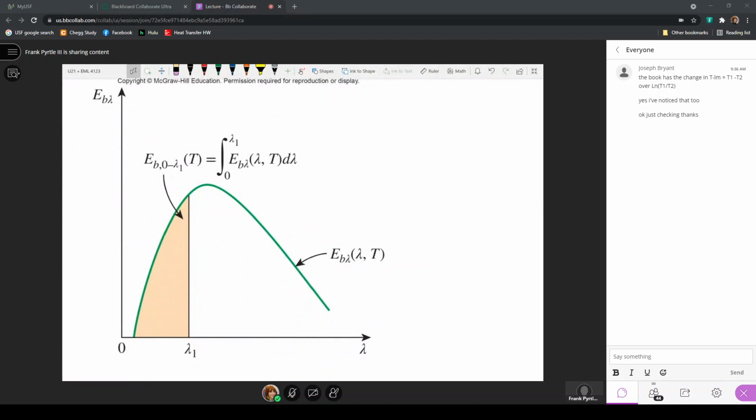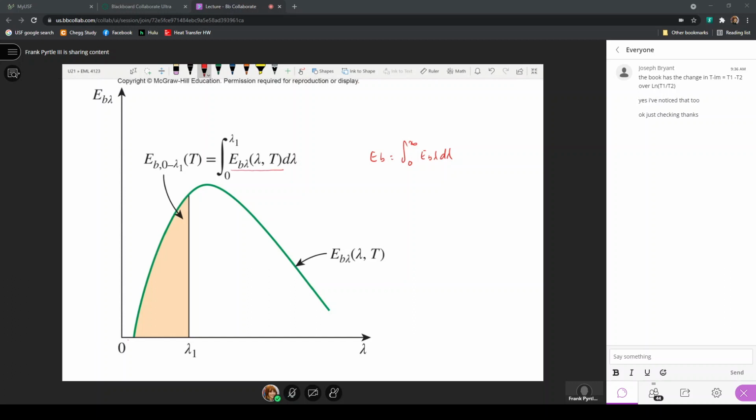So here is a depiction of that same integral that I considered before, in that EB is just the integral from 0 to infinity of EB lambda d lambda. If I want to get the black body emissive power from 0 to a particular wavelength, I would just integrate from 0 to that particular wavelength the expression of the spectral black body emissive power.